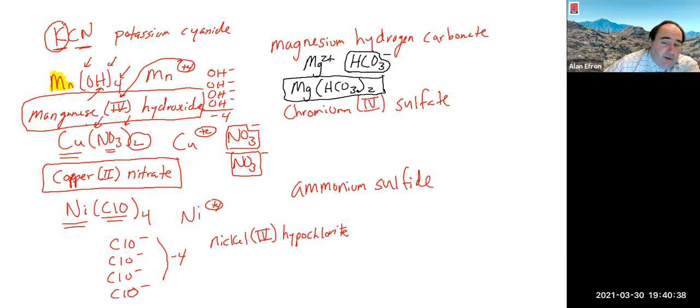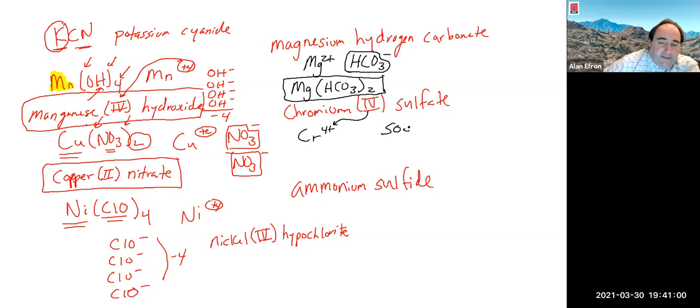We do want to put the parentheses, otherwise you would end up with HCO32, and that would mean you have 32 oxygens, which is probably not what you're thinking in this particular case. Chromium Roman numeral 4 automatically tells us that the chromium has a +4 charge.